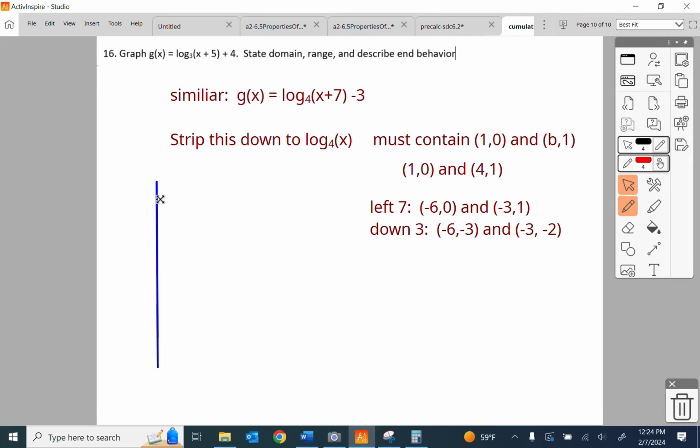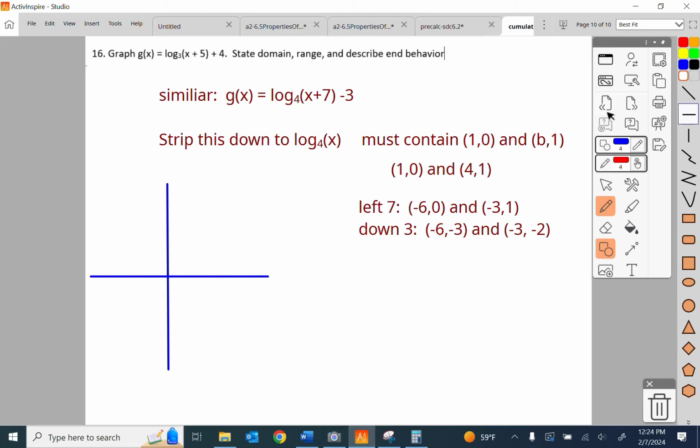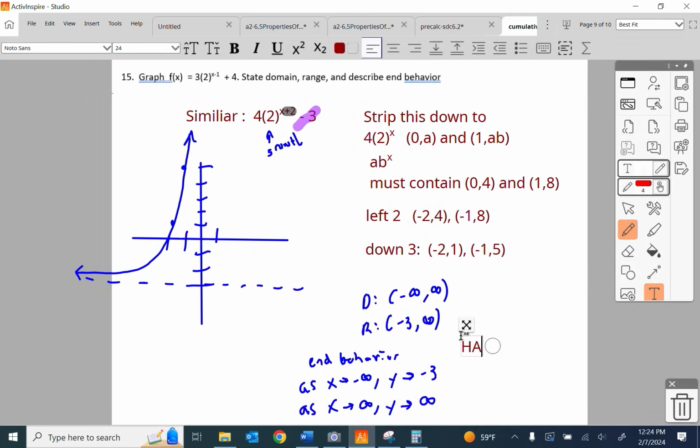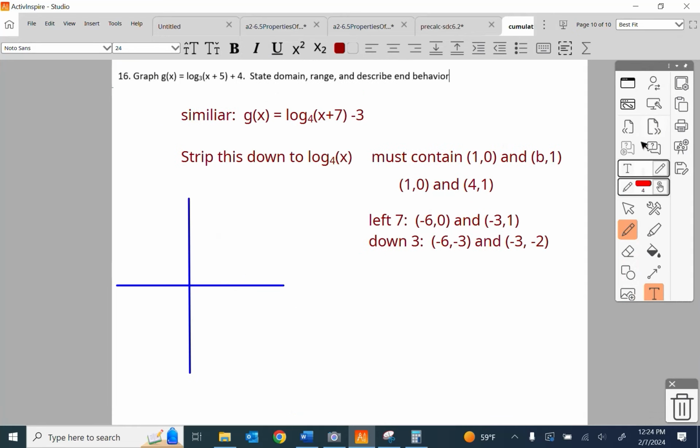The left 7 I'm going to draw in, because it's important, because logarithms have vertical asymptotes. I didn't mention that, did I? Let me go back to this one. Horizontal asymptote is at y equals negative 3. I'm going to change the instruction set up here. And asymptotes.